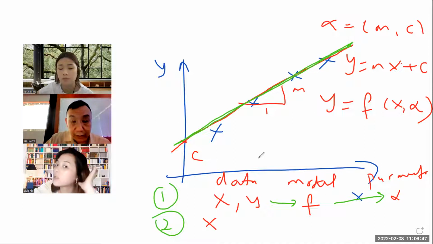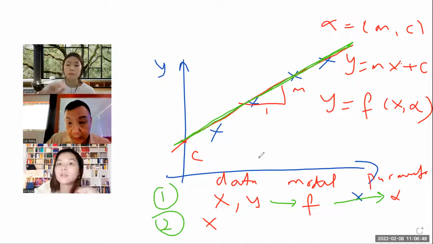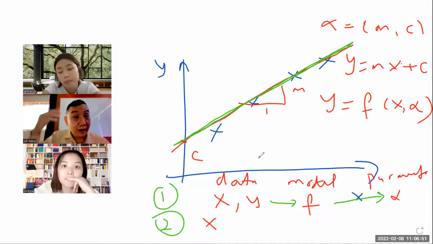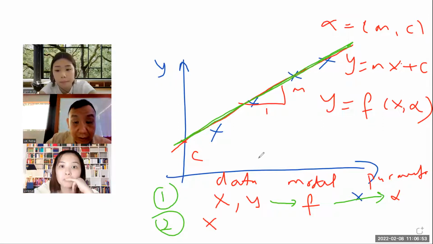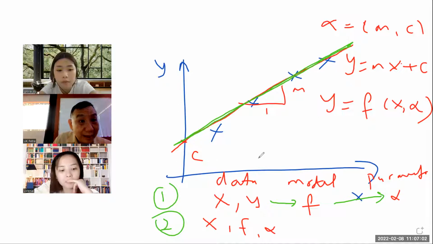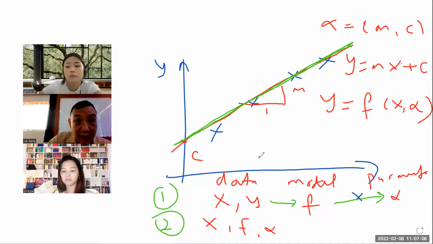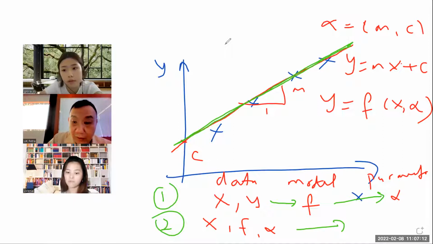The second step is you have the data, and use that first step model, which is the F that you have, and then you also use the calibrated parameter that you have, right? Then what you will get from here? Easy, right? What you will get is your output. This is what is called prediction.